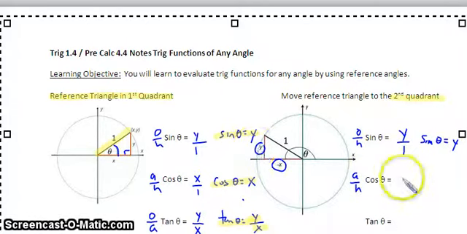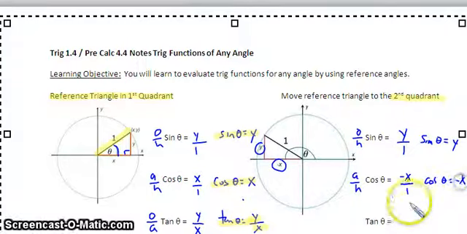Adjacent side would be negative x, and hypotenuse would be 1. So notice now that the cosine is equal to a negative x. Before it was equal to positive x. When I move to the second quadrant, it's negative. Sine in the first quadrant is equal to y, and in the second quadrant it's also equal to y. So those are the same, whereas cosine changes from positive to negative.